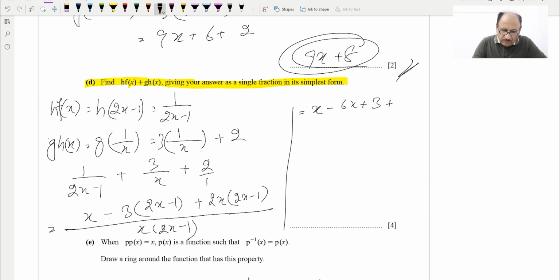So plus 2x into 2x will be 4x squared and minus 2x, divided by x into 2x minus 1.